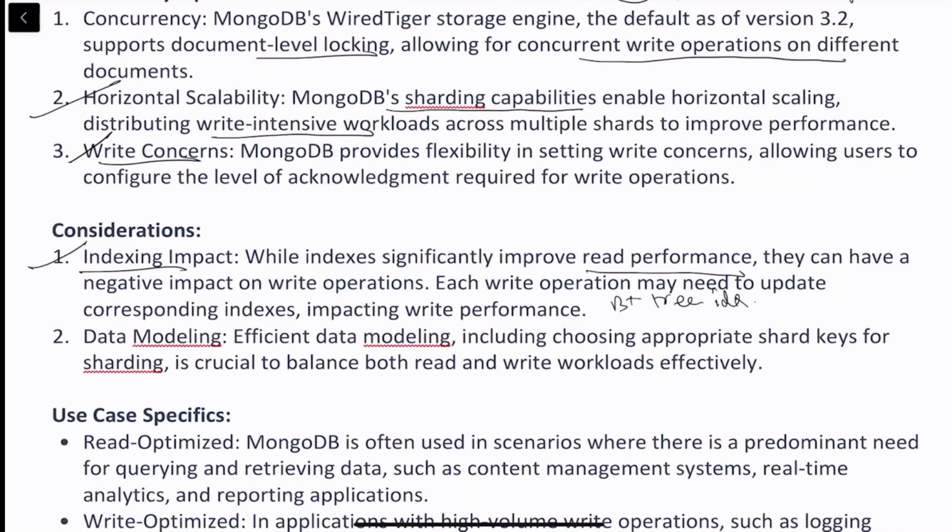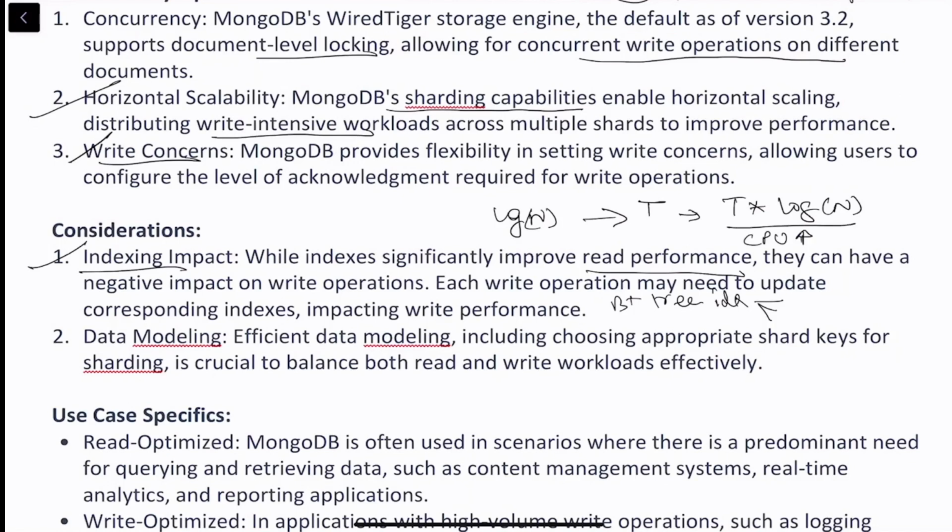So as and when you have multiple indexes, every one has to be updated. Let's say each update operation is O(log n) and there are t indexes per collection, so you would end up with t times log n. And if you have a significant write load, this becomes super CPU intensive.